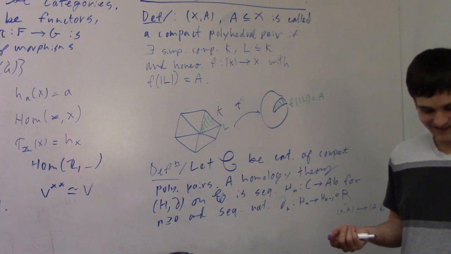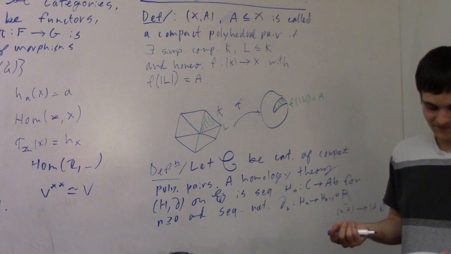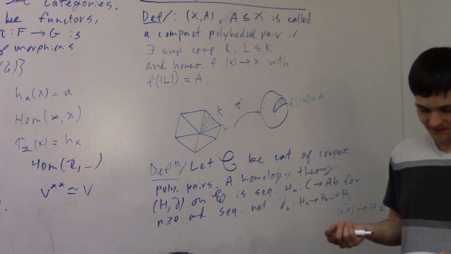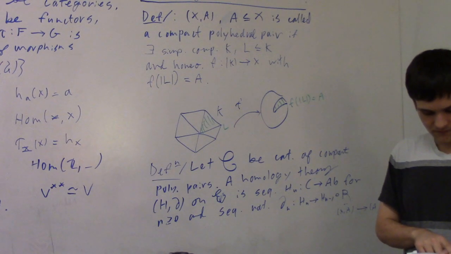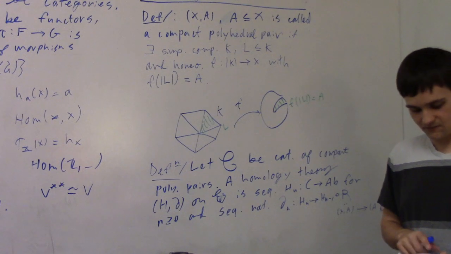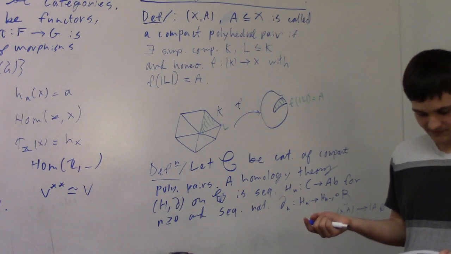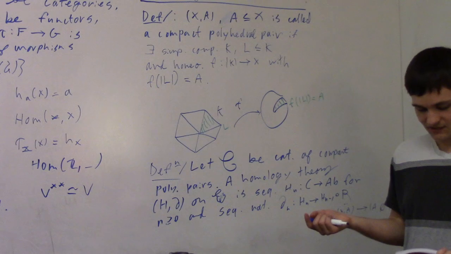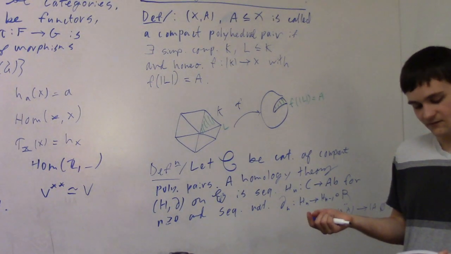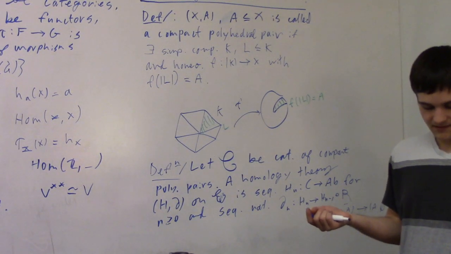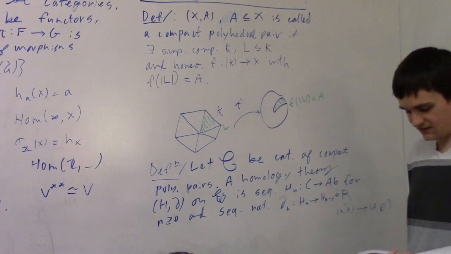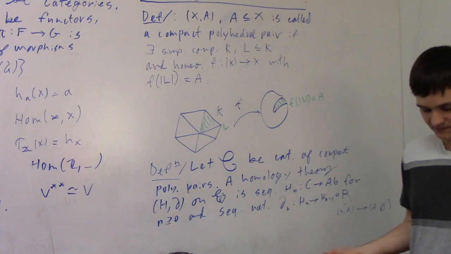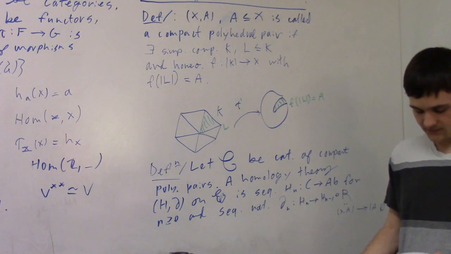Excision axiom: for every pair (X, A) and every open subset U of X with the closure of U a subset of the interior of A, the inclusion (X minus U, A minus U) to (X, A) induces isomorphisms from H_n of (X minus U, A minus U) to H_n of (X, A). And finally, the dimension axiom: if X is a one point space, then H_n of (X, empty set) is equal to 0 for all n greater than 0.